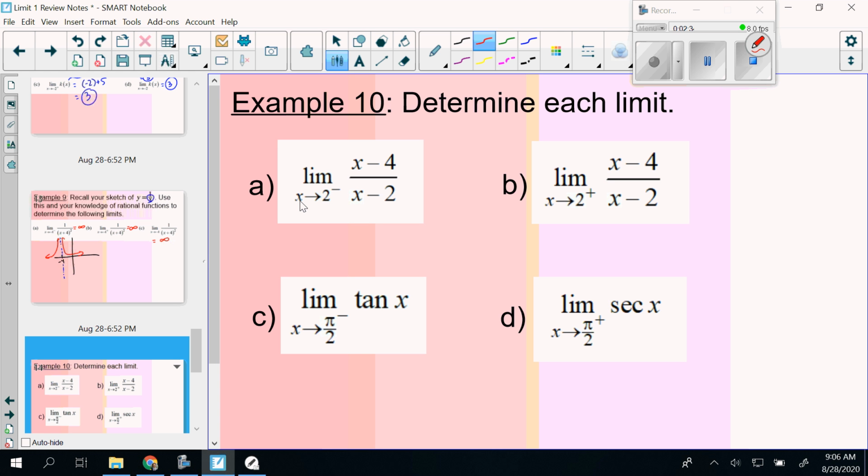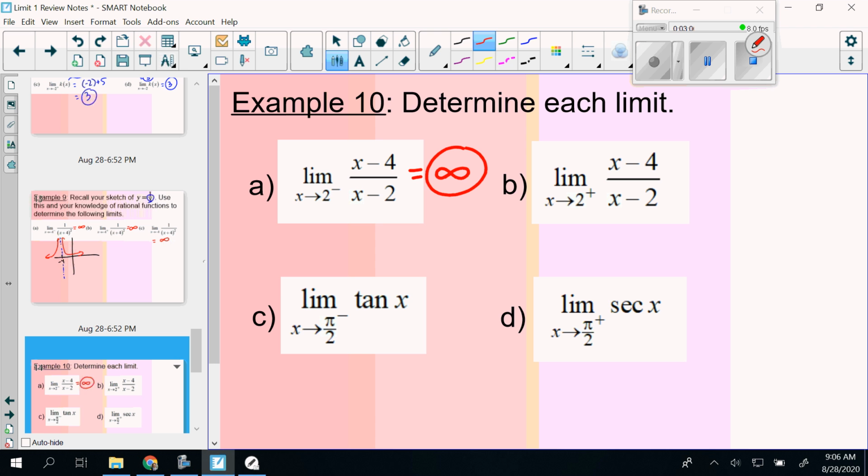Well, if we look at what happens just before 2 from the left, pick a number that's coming from the left, so a number like 1, and see, do you get a positive or negative number if you put 1 in here? If we were to put 1 in here, 1 minus 4 is going to be negative 3. 1 minus 2 is negative 1. 2 negatives is going to make a positive number, which means to the left of this asymptote, it's positive, and so this would be positive infinity here.